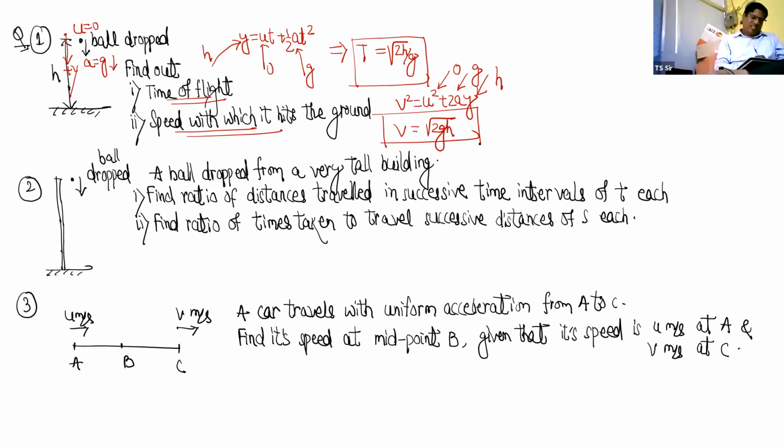Next, find ratio of distances traveled in successive time intervals of t second each.